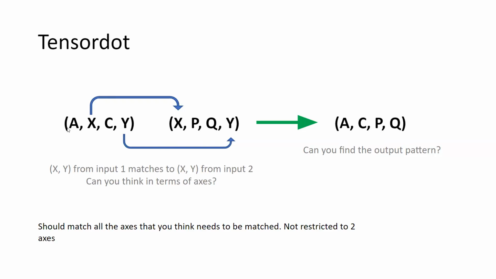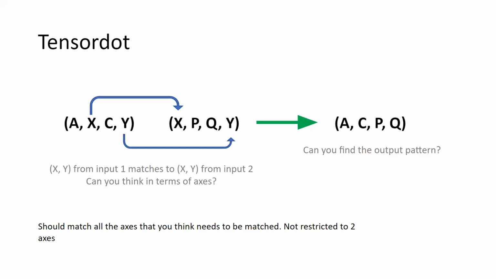Once you do a tensor dot between the first matrix and second matrix, if you list down the shapes sequentially, remove the common ones, whatever remains is the actual shape of the output. This is a very good way to debug your tensor dot implementation and see how it is working.